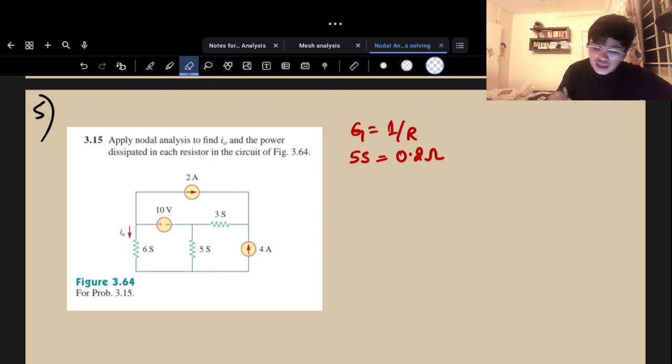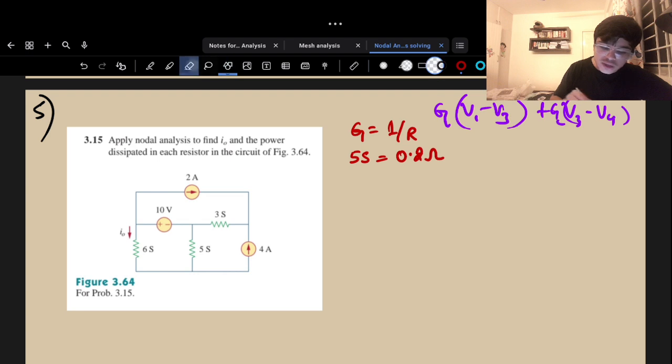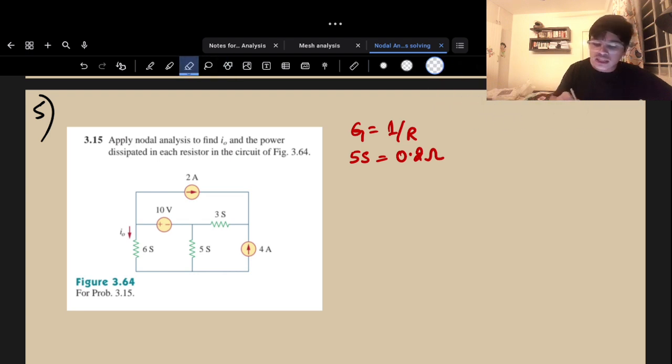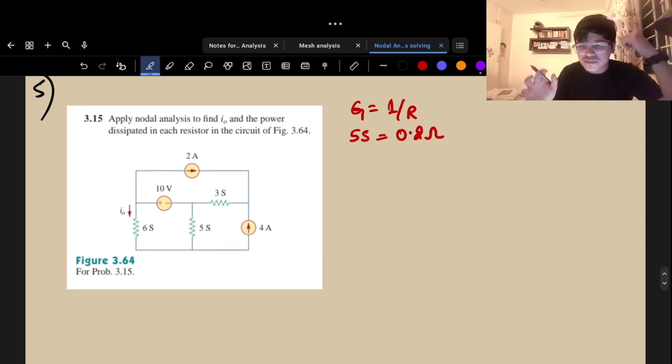So instead of that, if I had already calculated the conductance, then I could just simply multiply (V1 minus V3) into the conductance G plus (V3 minus V4) into some conductance G2. You get my point. So sometimes it is better to convert into conductances, but even if you don't, it's fine. In the end, it's just a reciprocal. You can just cross multiply.